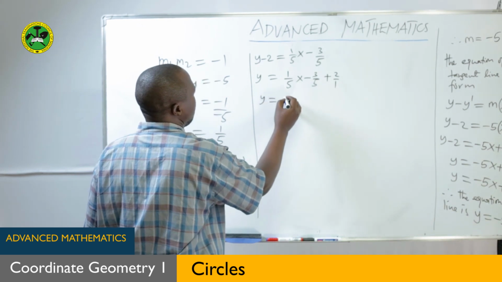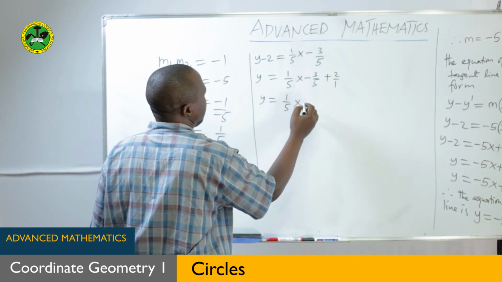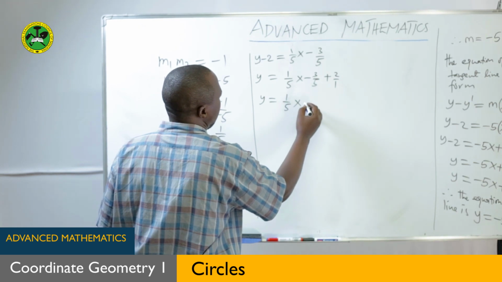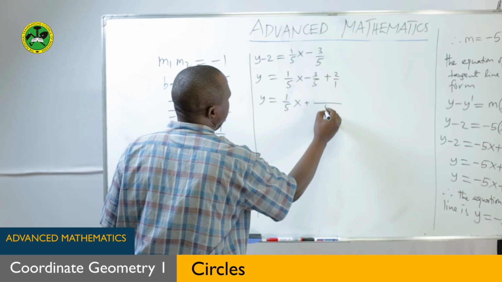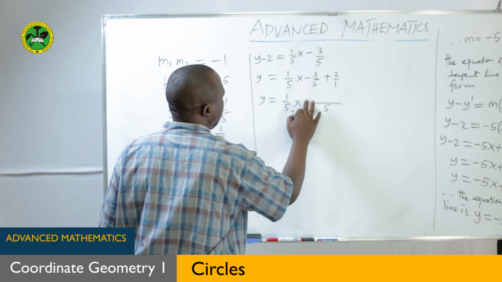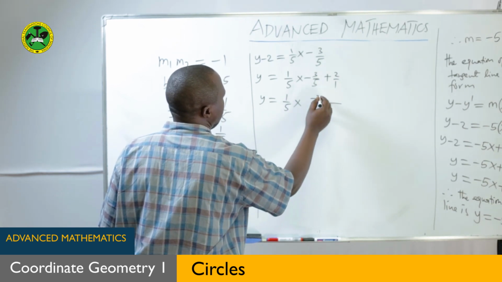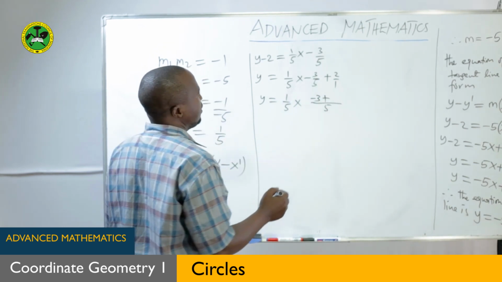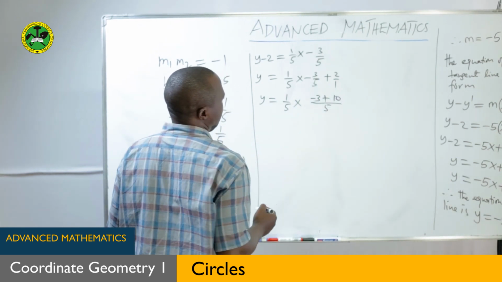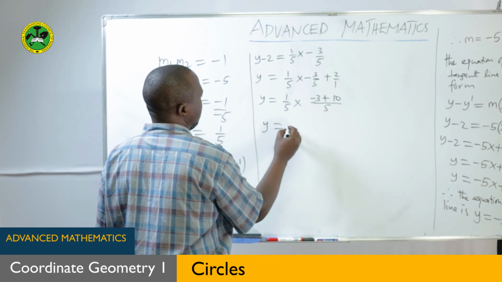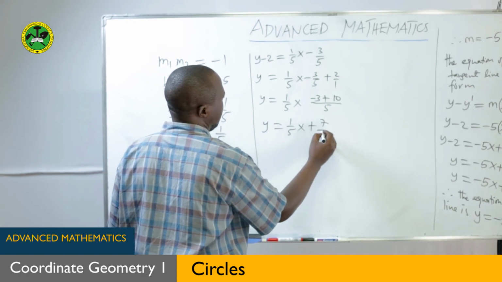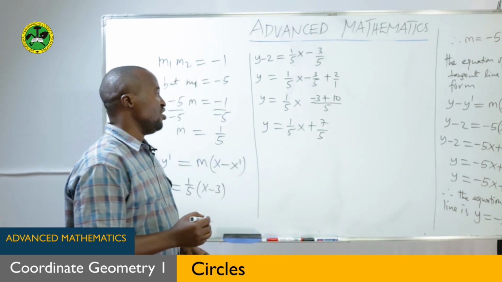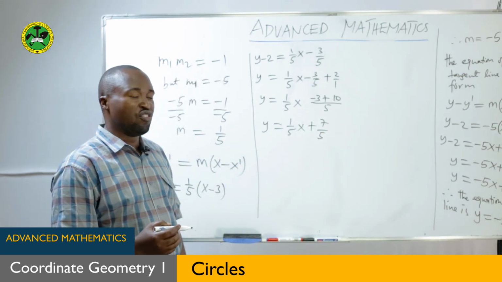So y is equal to 1 over 5x. Of course our LCM here will be 5. So we have negative 3 plus 10. So we are going to have y is equal to 1 over 5x plus 7 over 5. This is the equation of the normal.